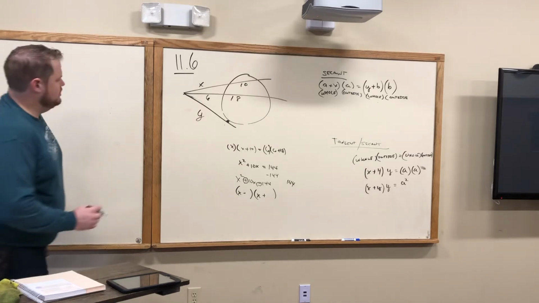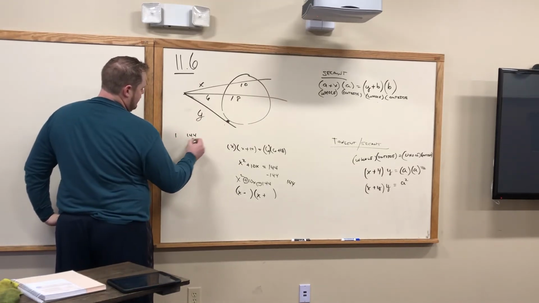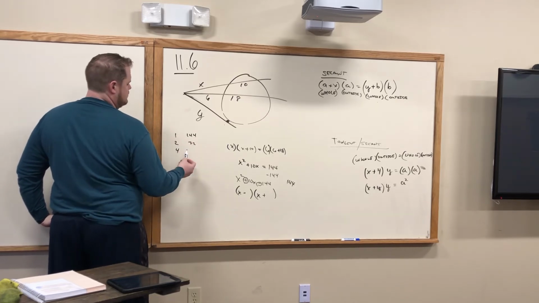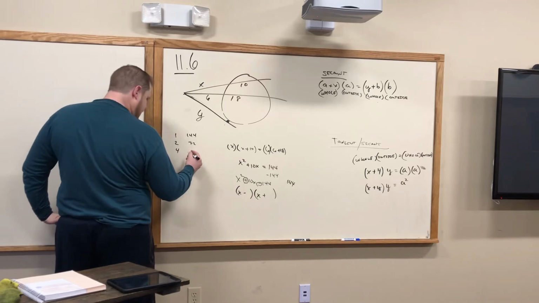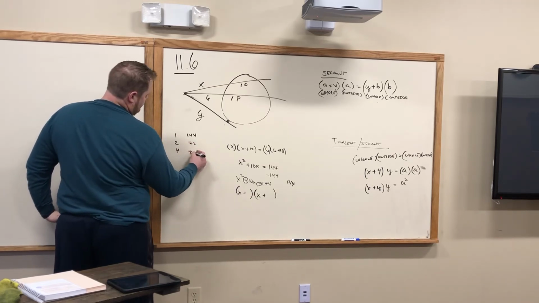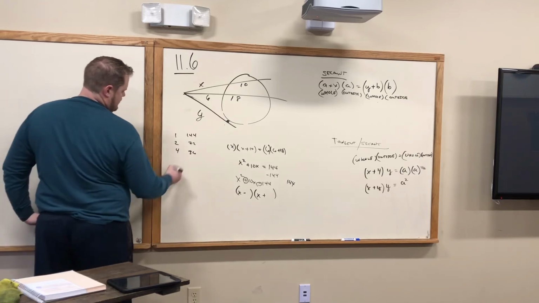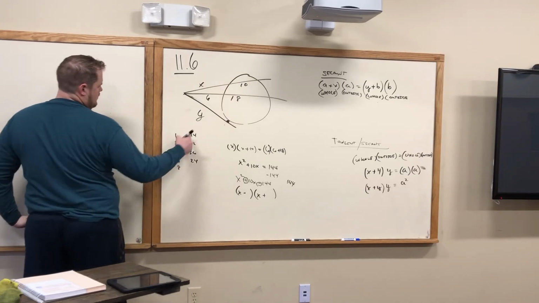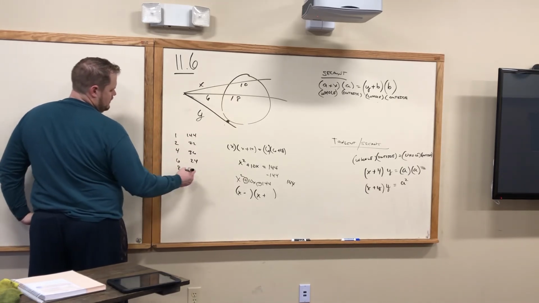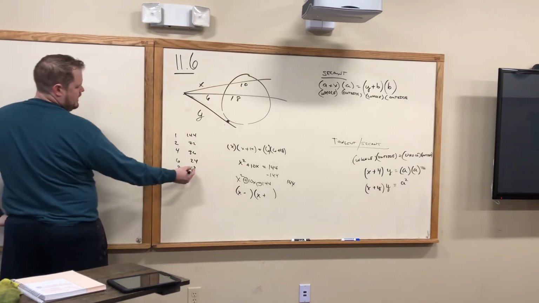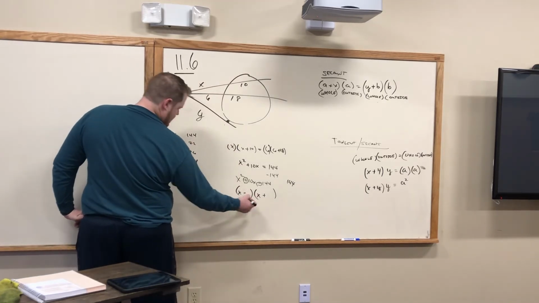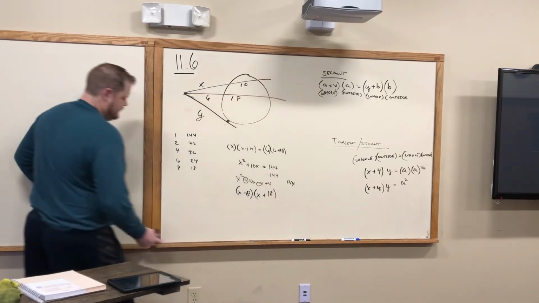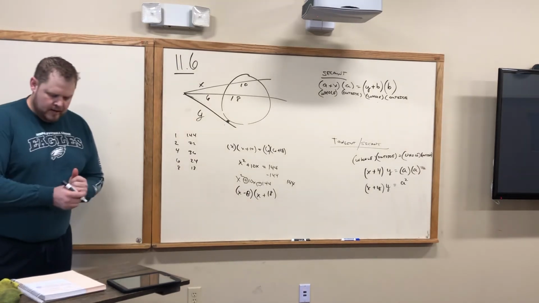Well, 1 and 144, 2 and 72, 4 and 36. Let's do 6 is 24. 8 goes in how many times? 18. Oh, there we go. 18 minus 8 is 10, right? So it's going to be minus 8 plus 18. And so there's our two answers. Okay? There's our two answers.